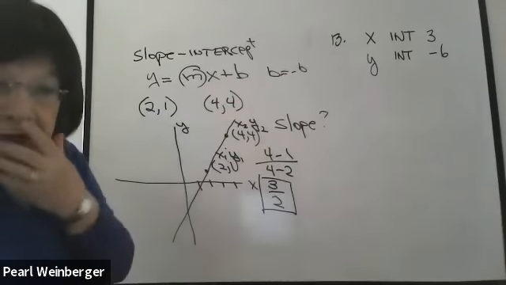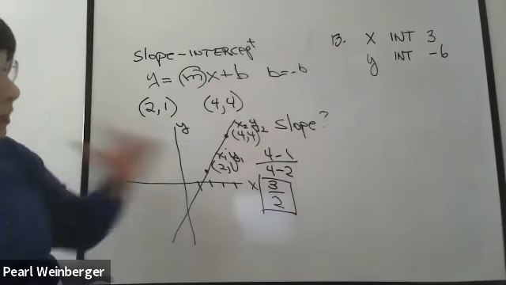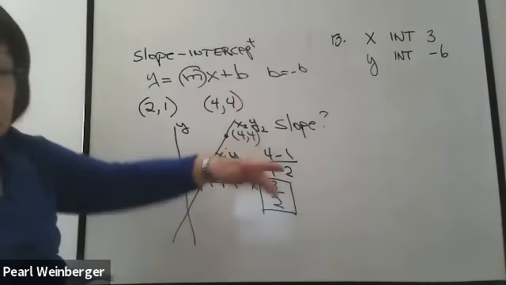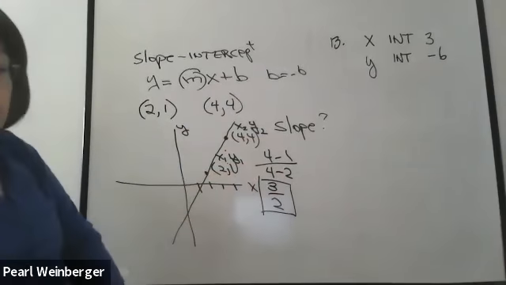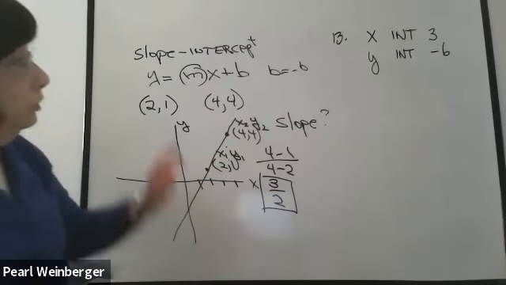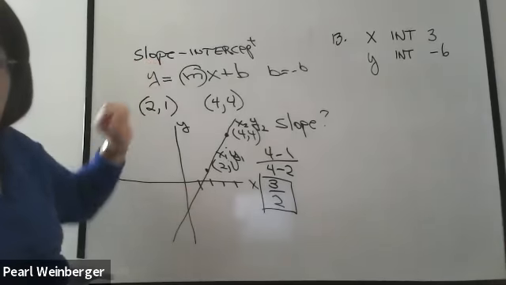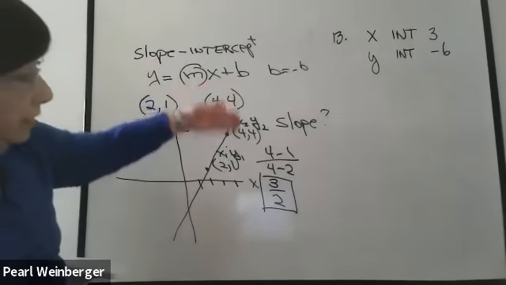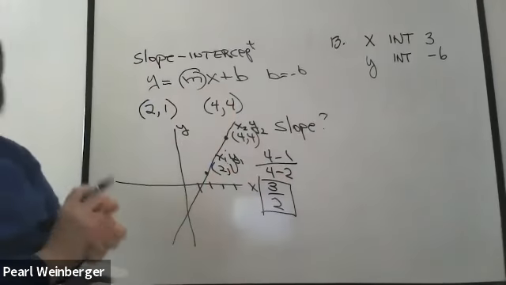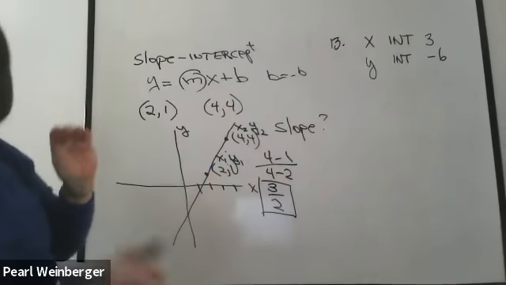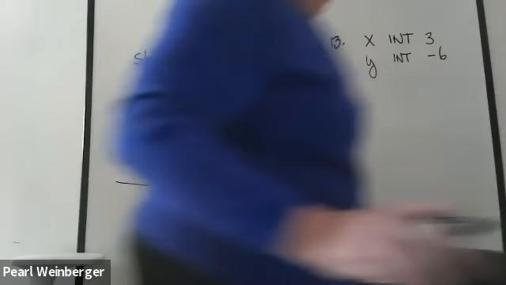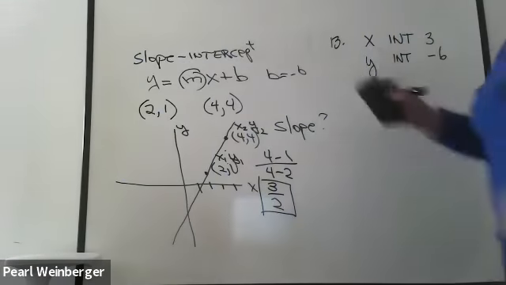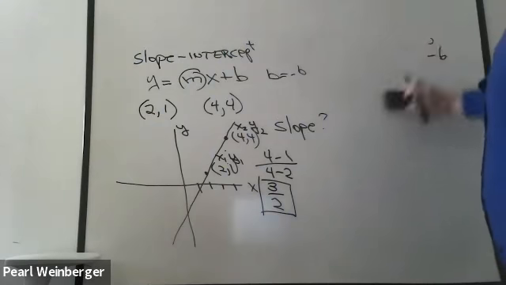And I saw a bunch of people on the chat sent in 3/2. Okay, so we're sort of halfway there. If the question was, what is the slope of the line? You're finished. But our question wasn't only what is the slope of the line. Our question is, what is the equation of the line?